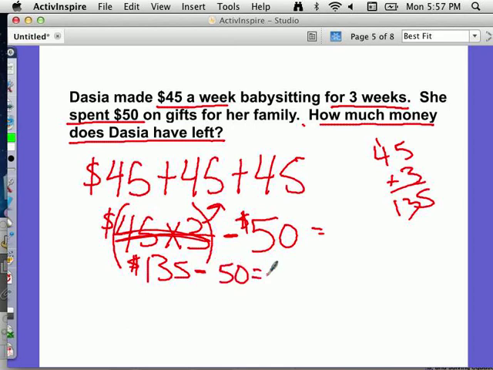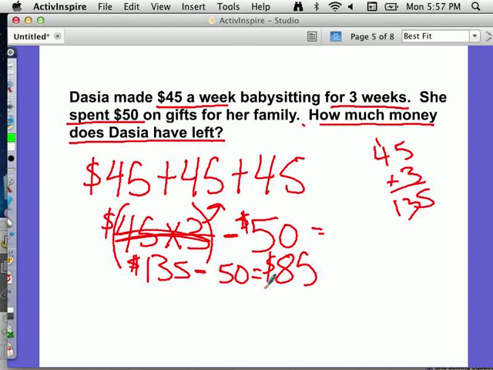And 135 minus $50, Mr. Valentine, is going to get you $85. So for this part of the problem, we were able to read the problem, make sure we have a good understanding, and write an equation to solve the problem.